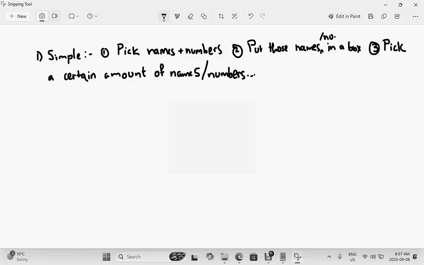So if you need five people, you will pick five names from that box. So this has to do with simple sampling.